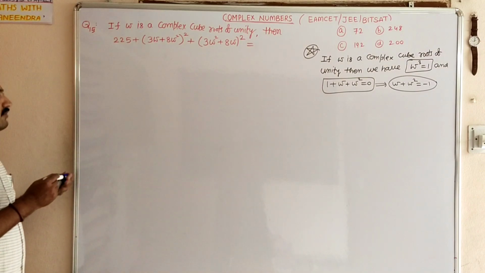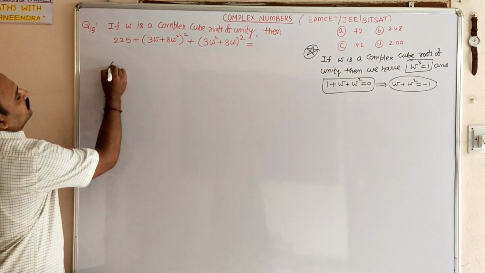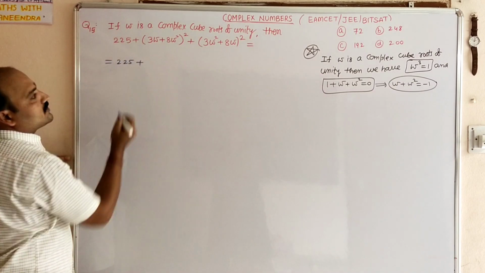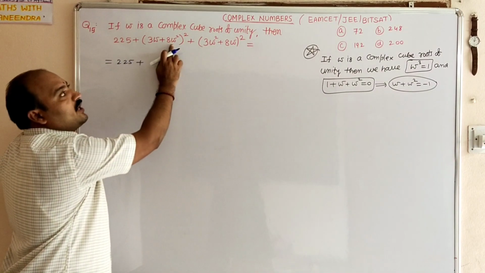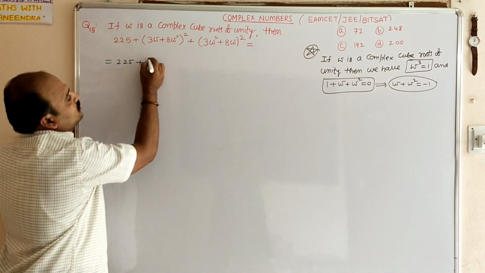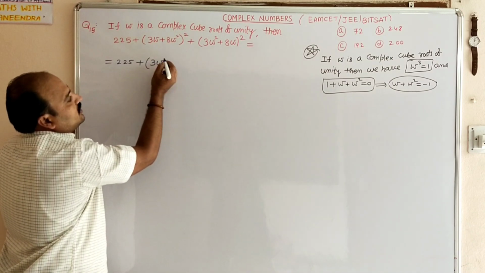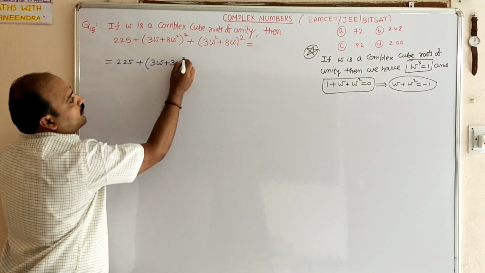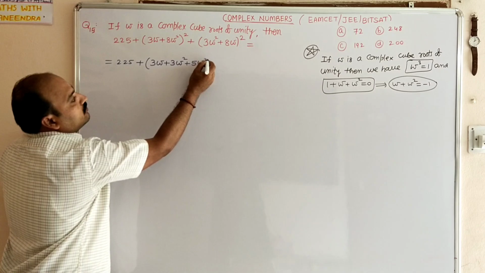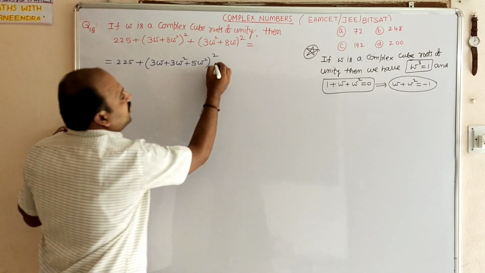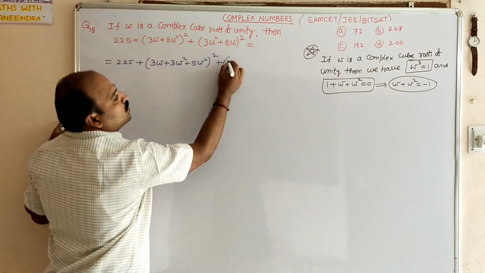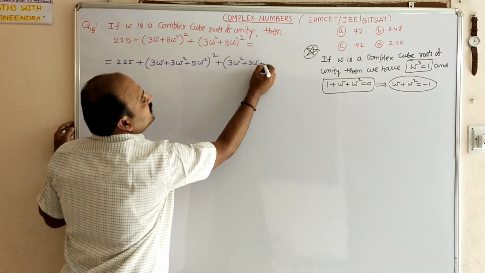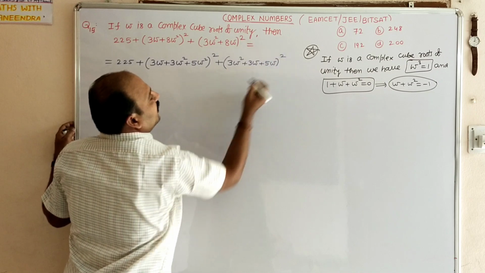So now consider the given 225 plus (3 omega plus 8 omega square) whole square. In terms of 3, we have to write it: 3 omega square plus 5 omega square whole square, and similarly 3 omega square plus 8 omega can be written as 3 omega plus 5 omega whole square.